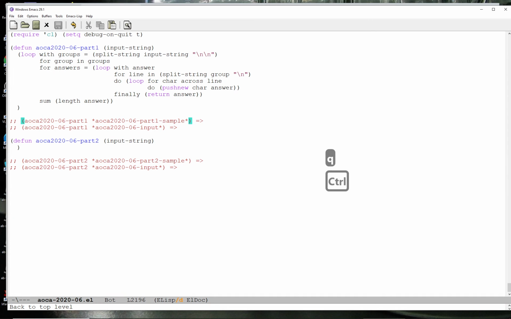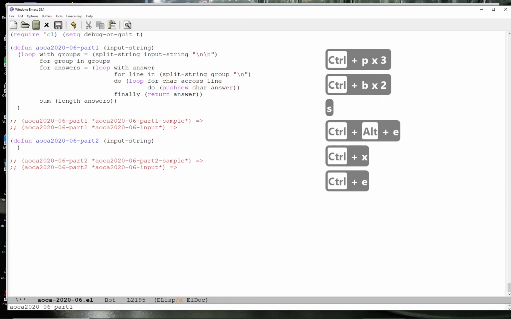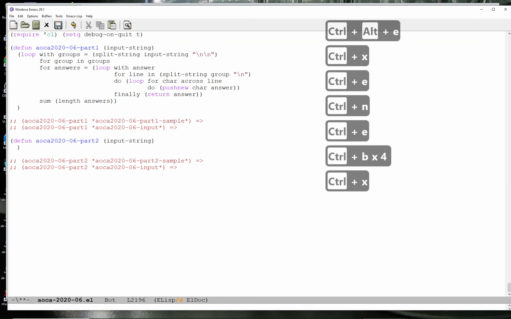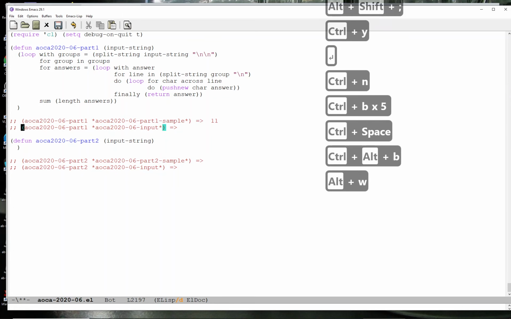Sometimes my pinky isn't on the control, or sometimes it's the keyboard that's being a little flaky. I don't know, but in any case, easy enough to retry. So length answers, not answer. And 11 is indeed what we get. Let's put it in there. And let's see what we get on our real input.